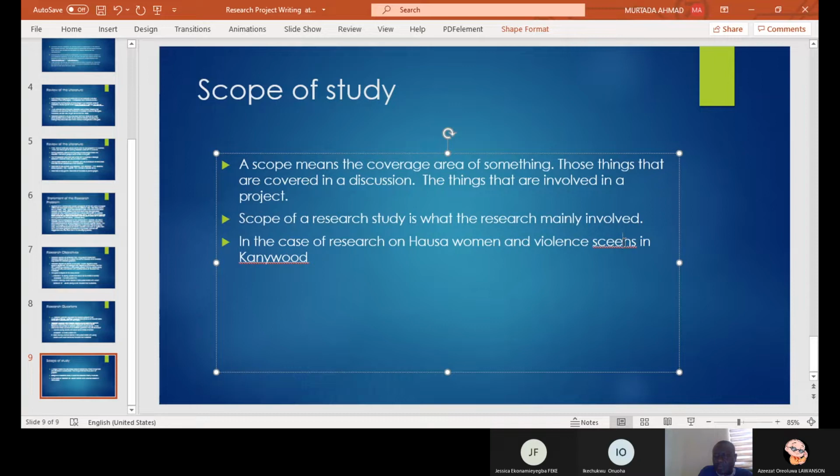Am I correct with how I wrote my scenes in Kannywood? We will say that in the case of research on Hausa women and violence syndrome, the scope includes the following.